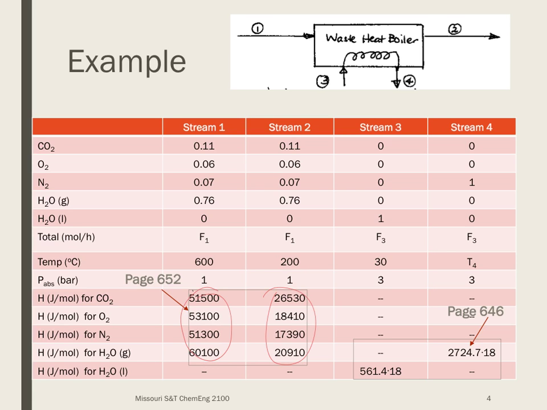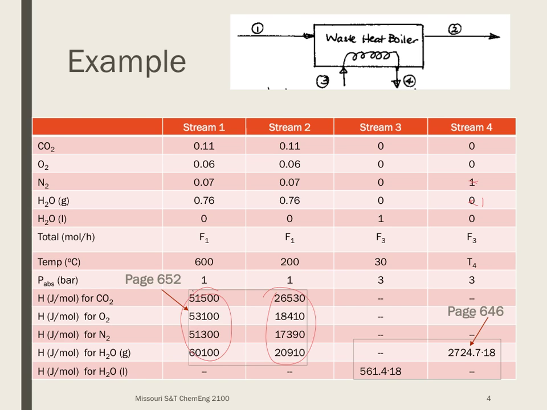I did not look for water for the liquid phase for those, because there was no water, so I didn't need to look that up. Don't look up extra stuff. And again, moving this down here where it belongs. I have liquid water coming in stream 3 and vapor water coming out stream 4.